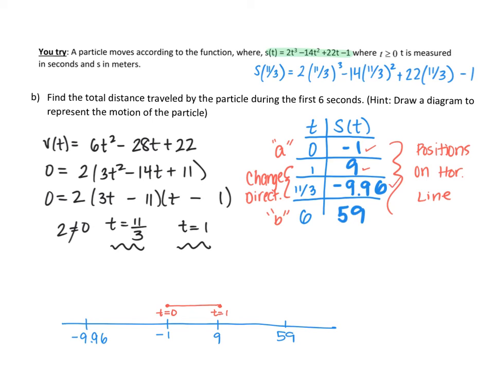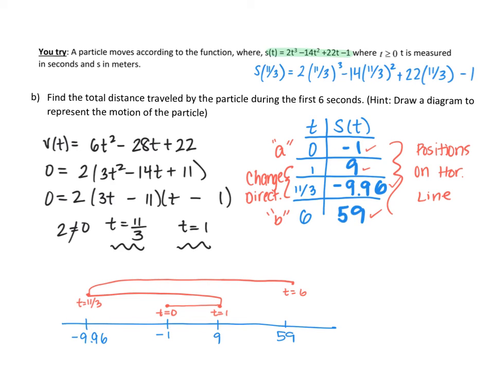Then my third dot is negative 9.96, and that's at time equals 11 over 3. So I went right, then I'm going to go to the left. And then the last one is back all the way over here at time equals 6 for 59. So I'm going all the way back to the right.